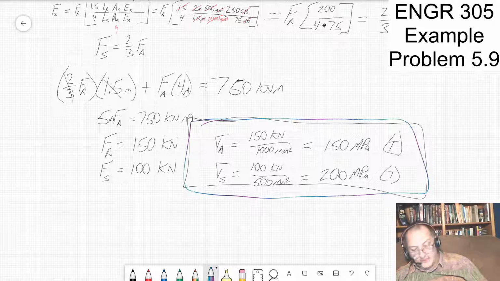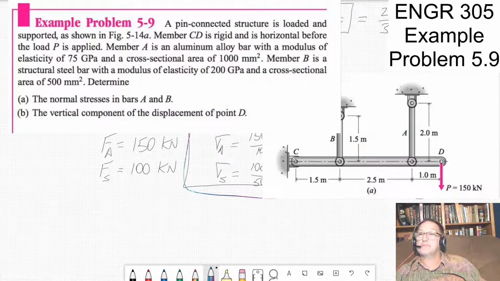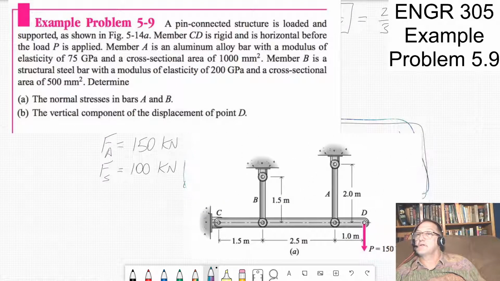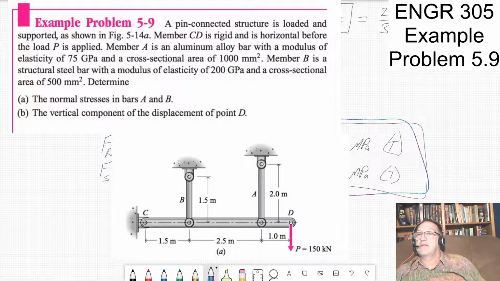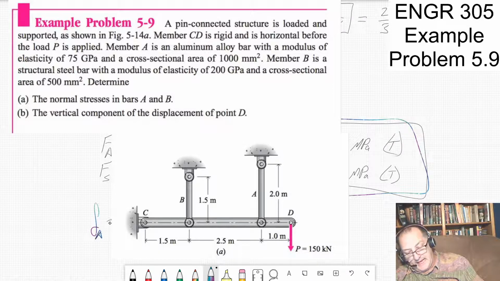That's pretty good. The last part of this was find the deflection at D, right? You remember if I put the problem statement up, I put the picture up, I got to move the picture over that. And so find the vertical component of the displacement at point D. And so really what I want to do is it's going to be 5/4 times the displacement at A. So I just need to go back and find the displacement at A, which is equal to force in the aluminum, length of the aluminum, over area of the aluminum, Young's modulus for the aluminum.